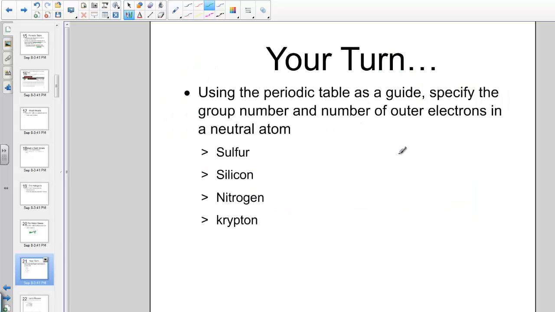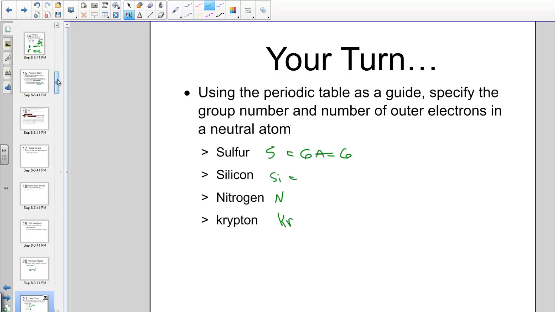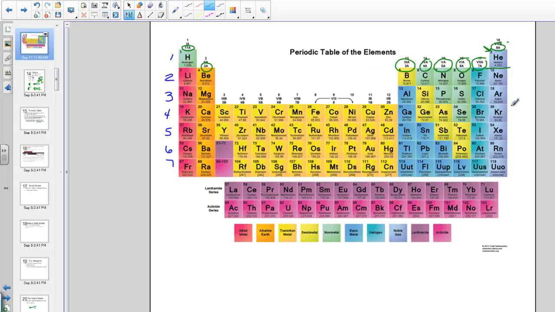I think it's here. Silicon has the atomic symbol Si, and we're going to look for nitrogen and we'll look for krypton. So sulfur, we said, lives in group 6A, so therefore it has 6 valence electrons. Now silicon, here's the symbol for silicon, lives in group 4A. Nitrogen, who lives in group 5A, and krypton, who lives in group 8A. See these symbols?